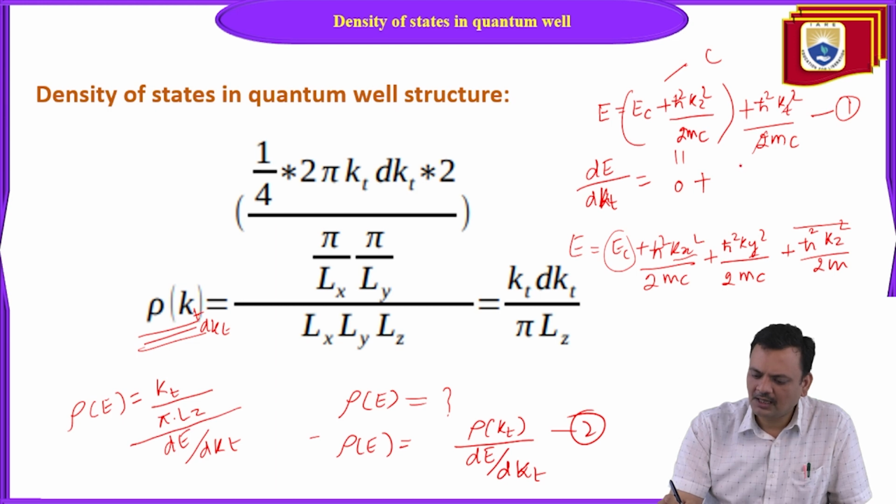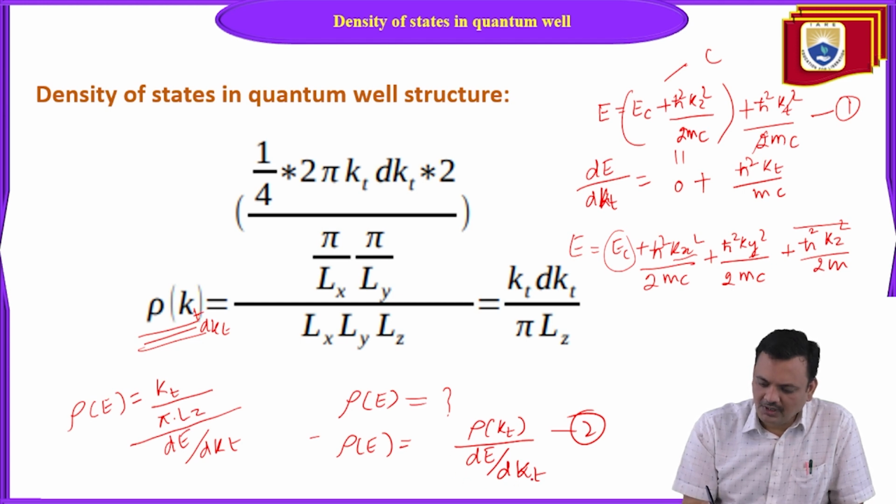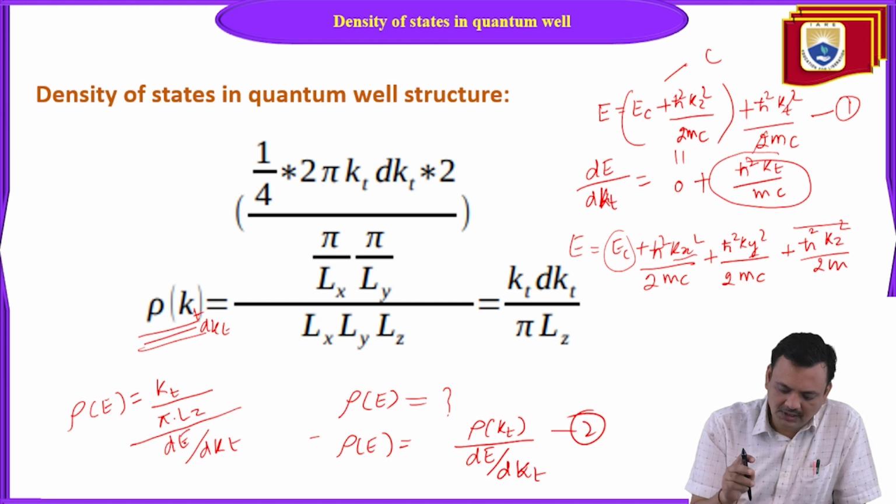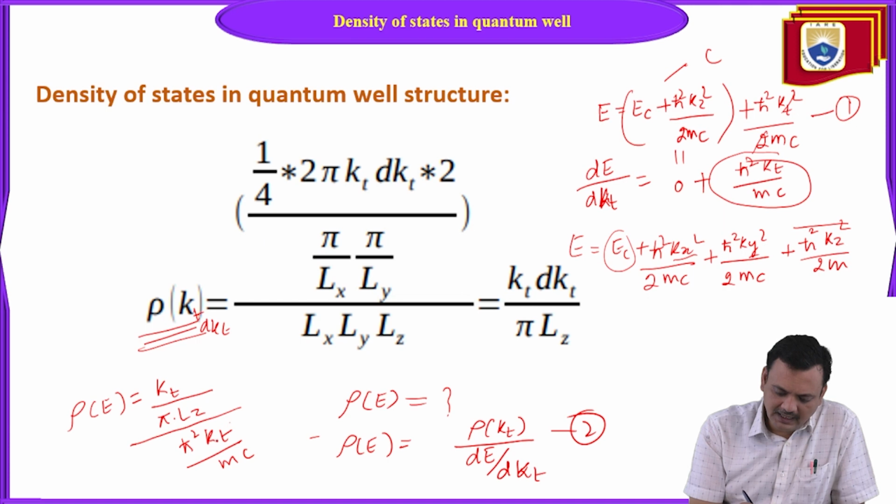What will you get? h cross square kt upon mc. So dE by dkt is h cross square kt upon mc. In the place of dE upon dkt, you can write h cross square kt upon mc. Now kt and kt cancel. What will you get?